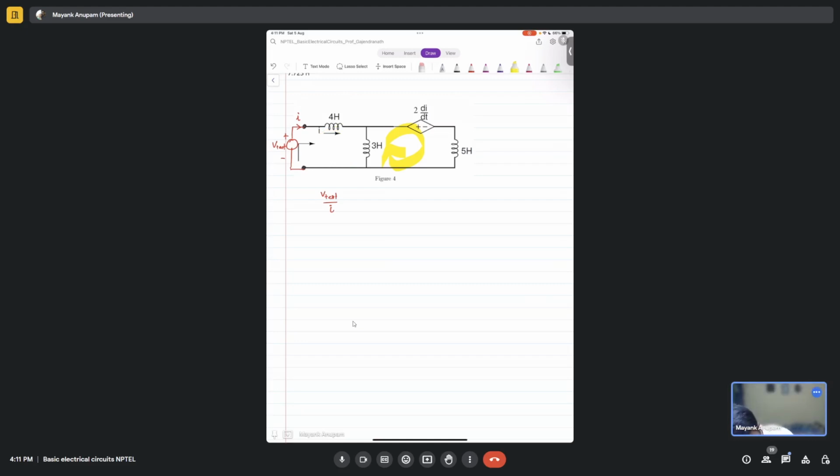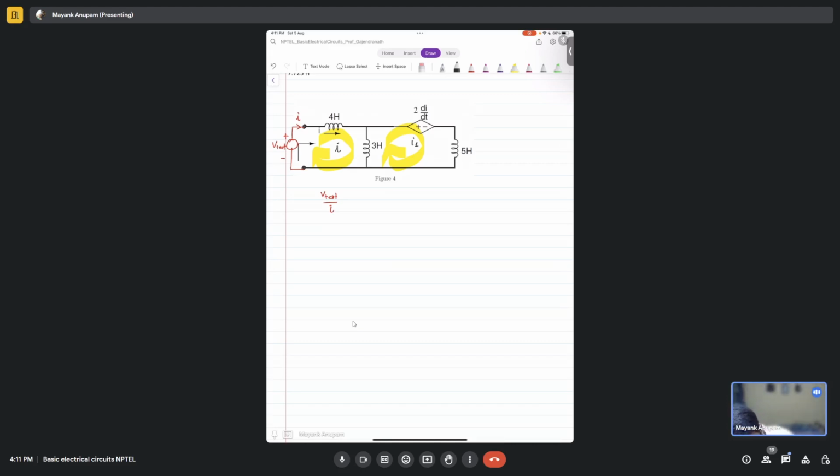And for the second loop here, let me assume this current is I1. Fine, let's assume this is I1.